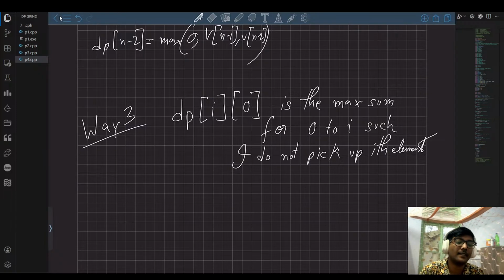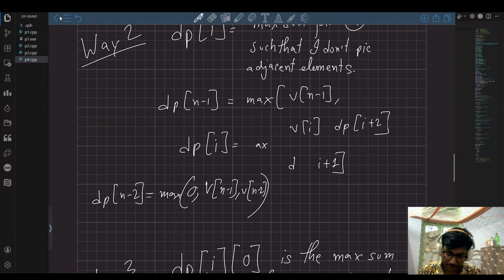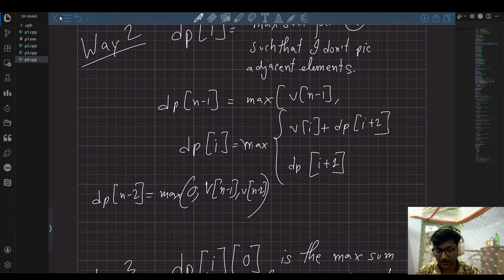So I've defined that I'm definitely not picking up this ith element. Of course, that means I will not have two options in this max function, right?